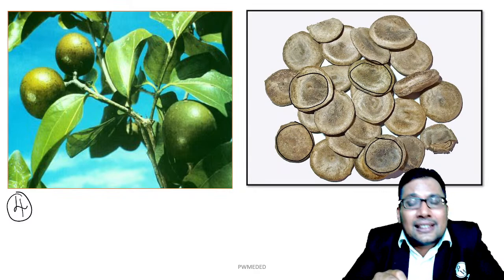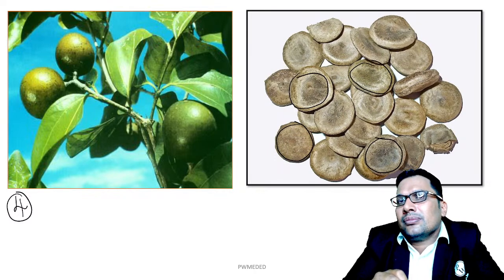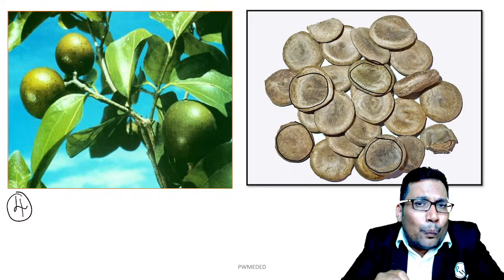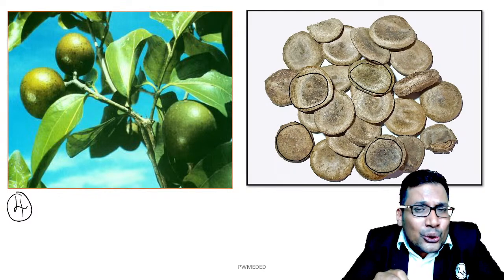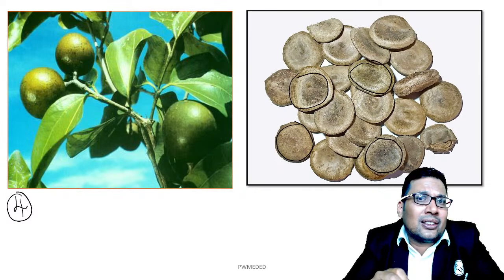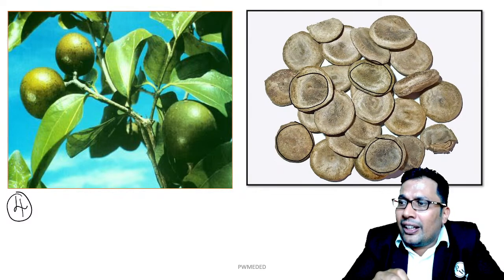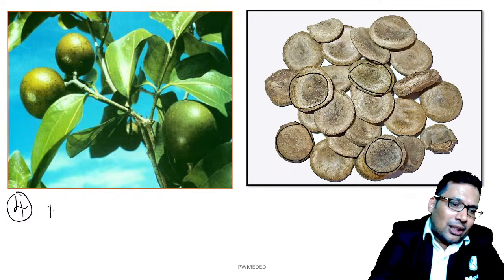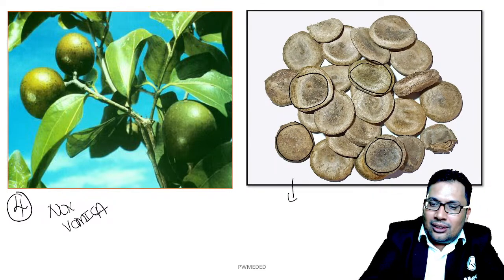It inhibits glycine in the spinal cord. It causes contractions, opisthotonus, pleurosthotonus, risus sardonicus, convulsions that look like tetanus. Very good. So this is the Nux vomica, and these are strychnine seeds.